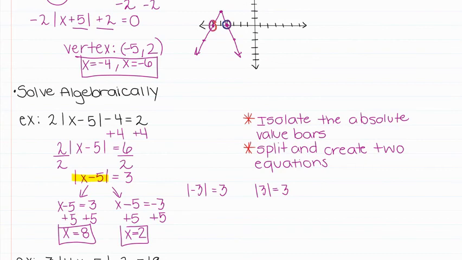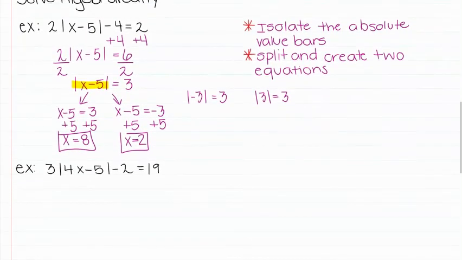All right, so we are going to look at one last example. So the first step, like the one that we just did, is to isolate those absolute value bars. So I'm going to go ahead and start off by adding 2 to both sides. So we get 3 times the absolute value of 4x minus 5 is equal to 21.